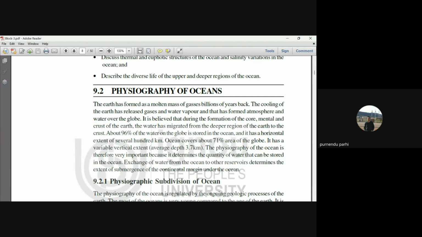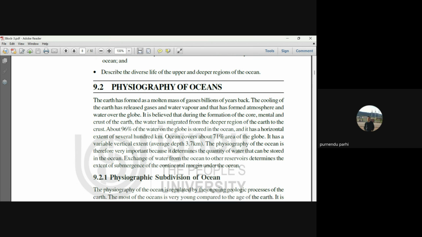The physiography of the ocean is therefore very important because it determines the quantity of water that can be stored in the ocean. Exchange of water from the ocean to the other reservoirs determines the extent of submergence of the continental margin under the ocean. Physiography subdivision of ocean.